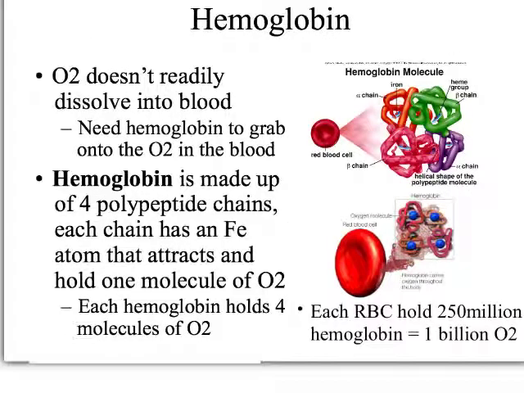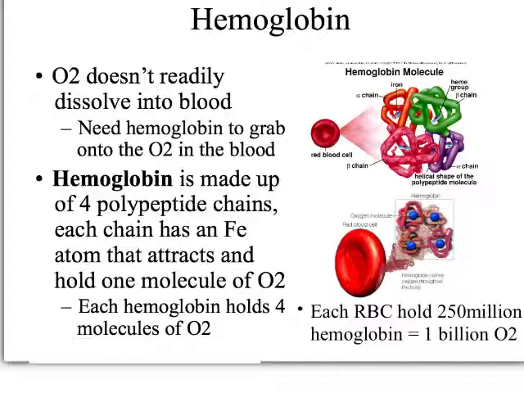Interestingly enough, oxygen doesn't readily dissolve into the blood. So we need something in our blood to grab onto oxygen as it's diffusing through the cells. That thing is what we call hemoglobin. Hemoglobin is a protein made up of 4 polypeptide chains.